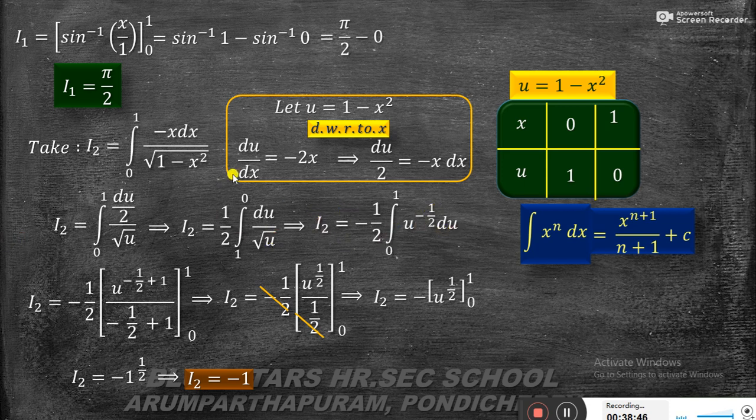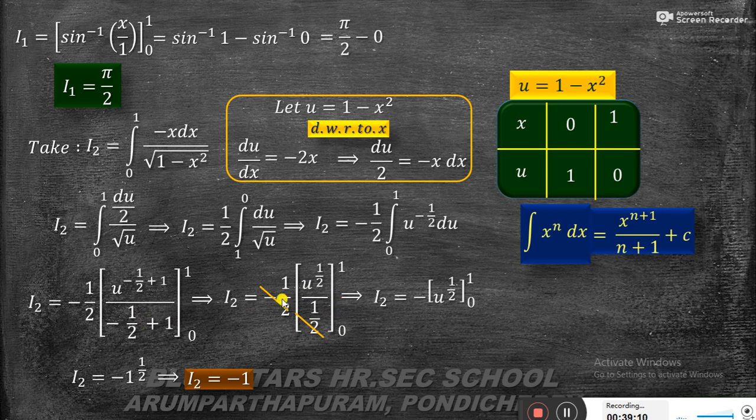The next step: minus 1 by 2 times the integration of u power minus 1 by 2 plus 1, divided by minus 1 by 2 plus 1, limits 0 to 1. Minus 1 by 2 plus 1 gives 1 by 2, so u power 1 by 2.